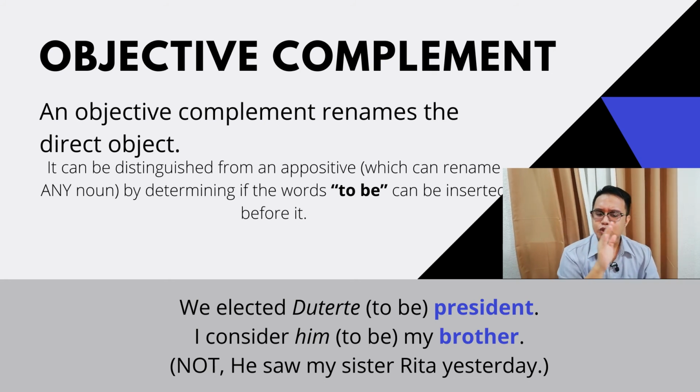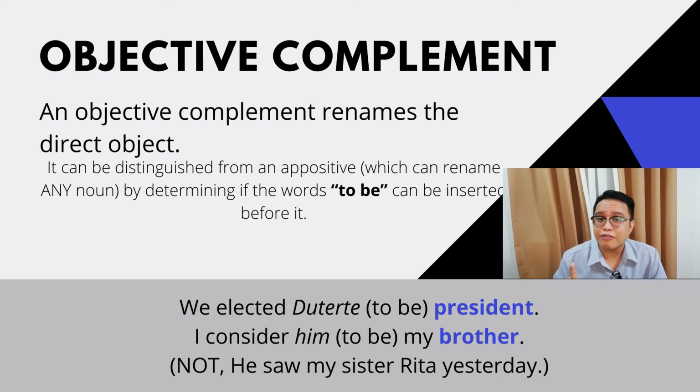Right, no. Therefore, it is not an objective complement. Okay? It is rather a what? What is its function? It's an appositive. Okay, so we must be careful. Again, for an objective complement, what phrase do we insert? Very good. We have to put the phrase "to be".